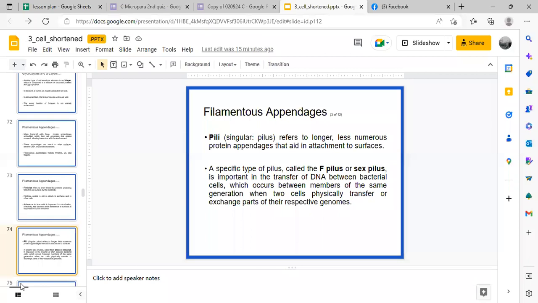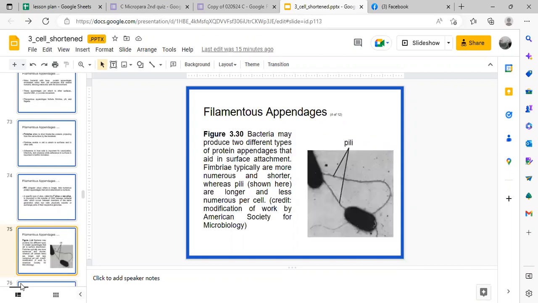So yung F pilus or sex pilus, so this is important in that transfer of genetic material. So it only occurs between members of the same generation when two cells physically transfer or exchange parts of their respective genomes. Okay, so yan example ng pili.